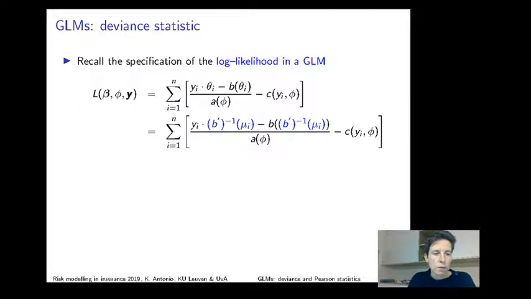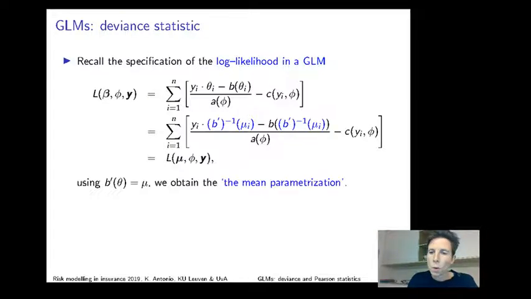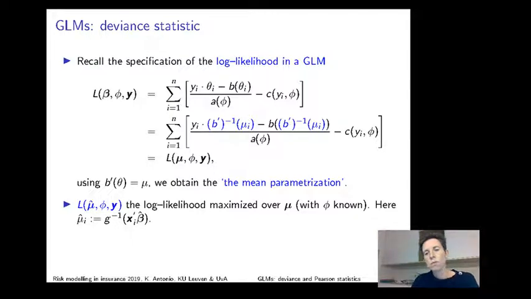This substitution allows you to write down the log likelihood of the GLM in terms of its mean parameter, the mu_i. This is the so-called mean parameterization of your generalized linear model. Now, for a specific regression model under consideration, write the corresponding log likelihood as L evaluated in mu hat.